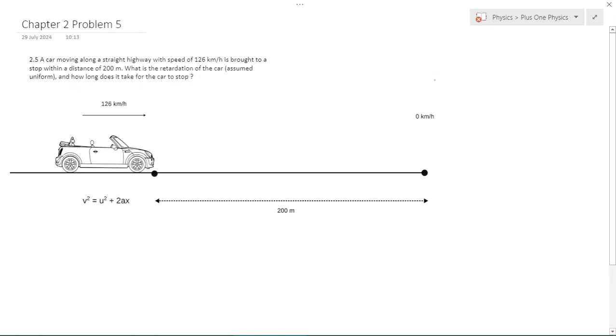Before we do this, we have to know some equations. These are called the kinematics equations of motion, of which there are three.